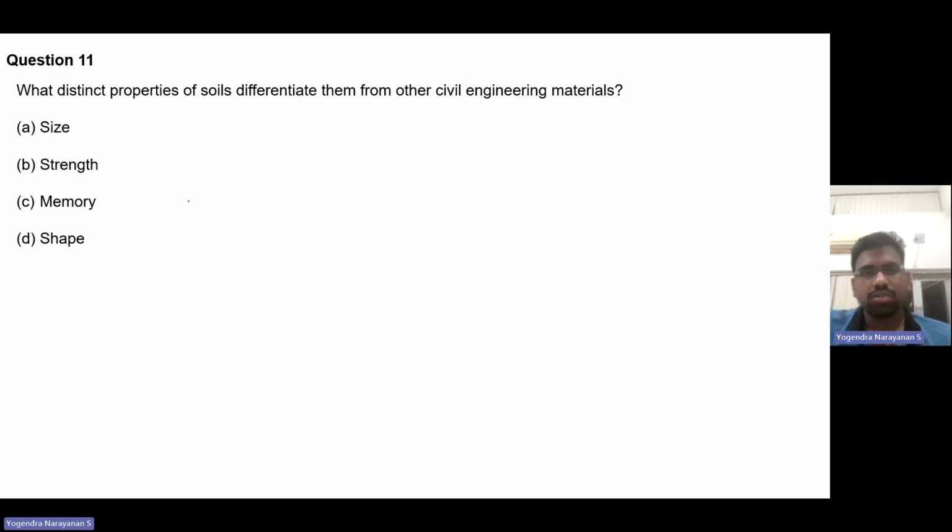Along with it, the behavior of soil under external load is a result of what the soil has gone through in its earlier stages, what stresses it has taken before, what type of weathering process it has undergone, and what type of mineralogical alterations it has undergone.